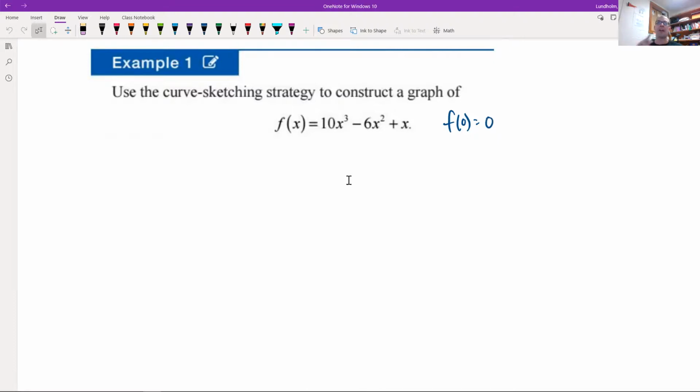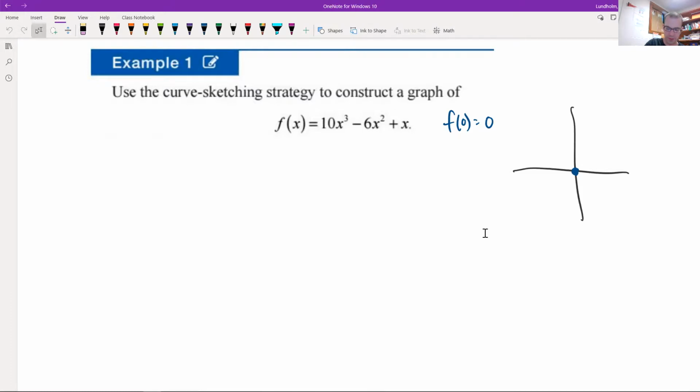And so maybe, actually for this whole time, I'll keep a graph over there. Let me do this in black so that when we get some new information about the curve, I can add it. So boom, we go through the origin. Let's find some critical points because there's not going to be horizontal or vertical asymptotes on this one.